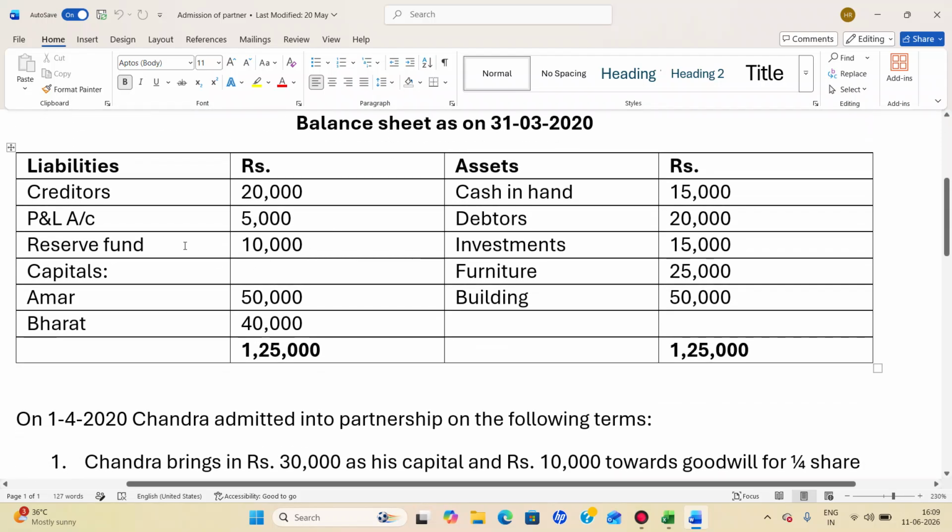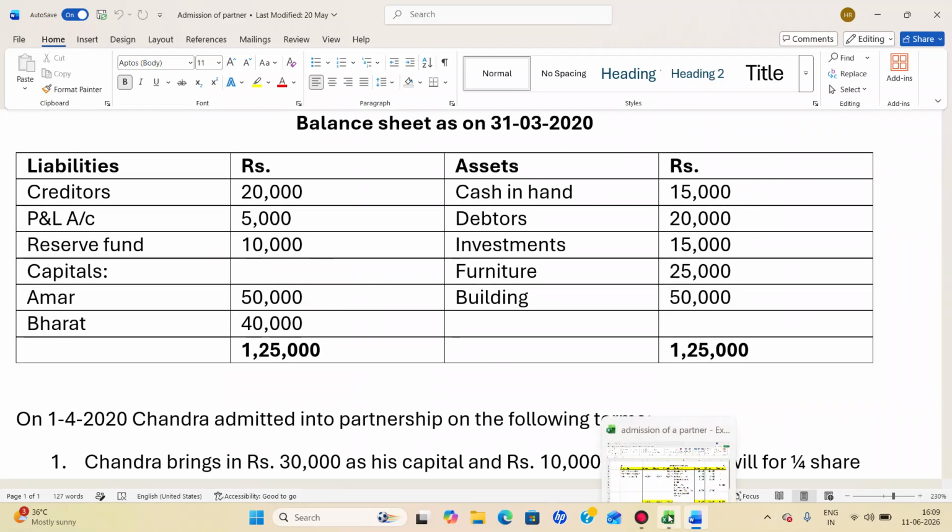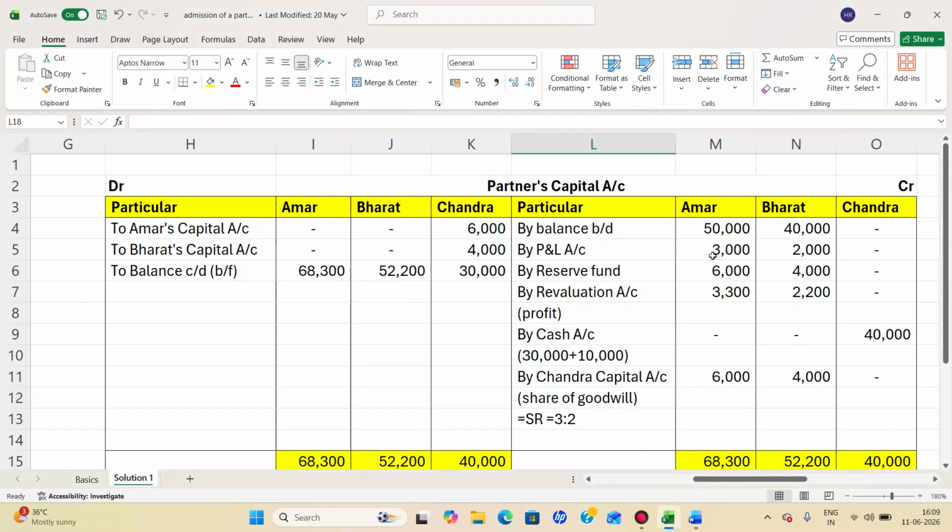Like that, reserve fund. I will show you here. P&L account 3,000, 2,000. Chandra's will be nil. Reserve fund for 10,000, 3 by 5, 6,000. For Bharat's 2 by 5, 4,000 will be.